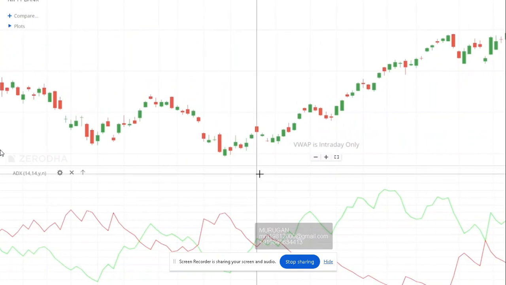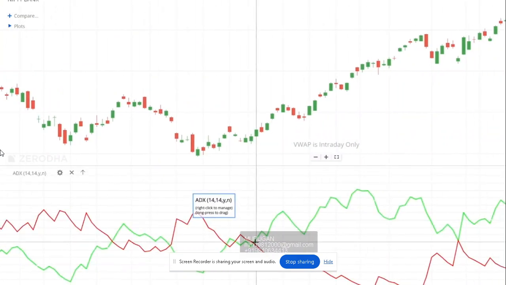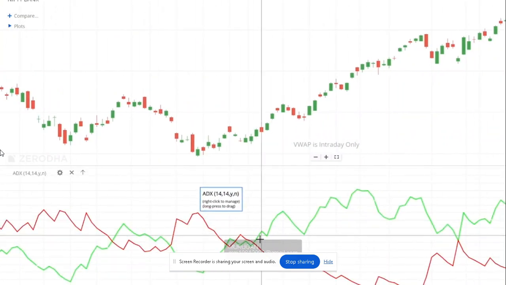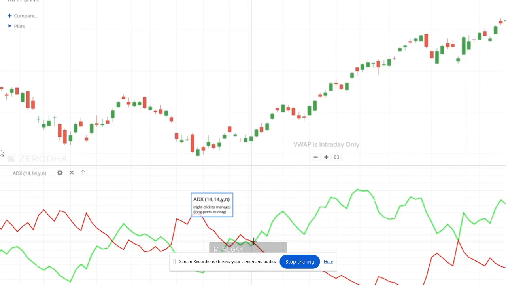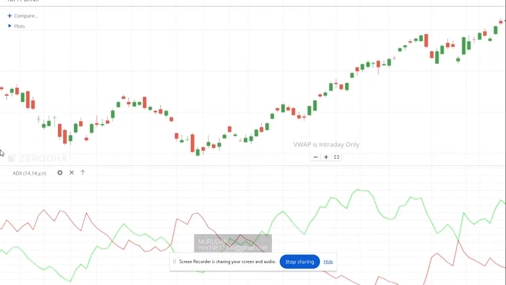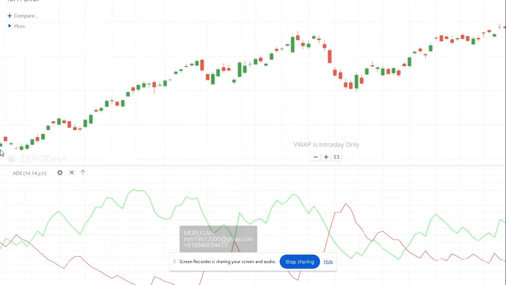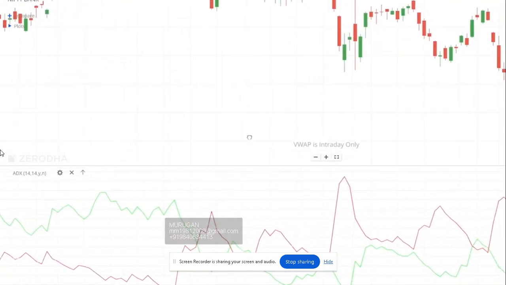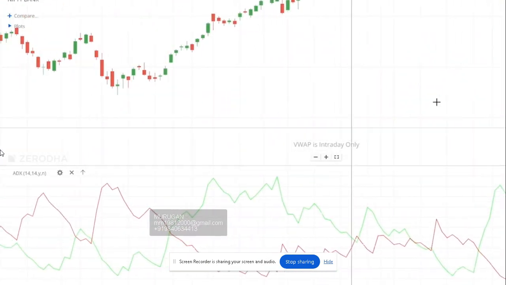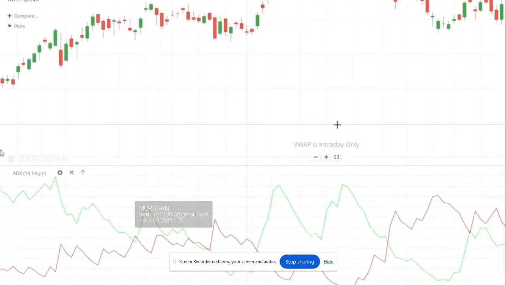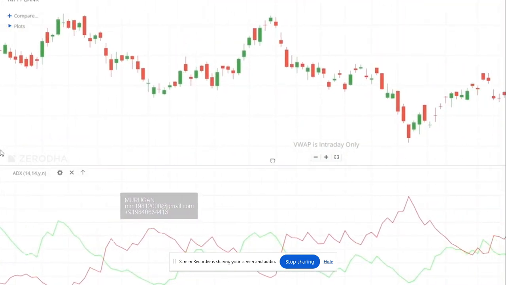Now here you can see, once this green line has come above the red line, the market is bullish. You can see how bullish the market went up. So number one, you can go home and check this.